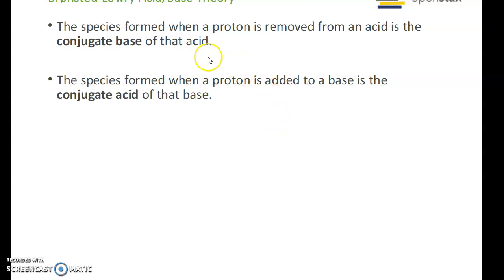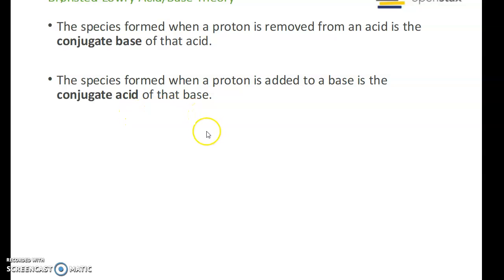So when you have anything that forms an acid, a species that's formed when a proton is removed from an acid is the conjugate base. So if you have HCl, the conjugate base of that would be Cl minus, wouldn't it? Likewise, a species formed when a proton is added to a base is the conjugate acid of that base.